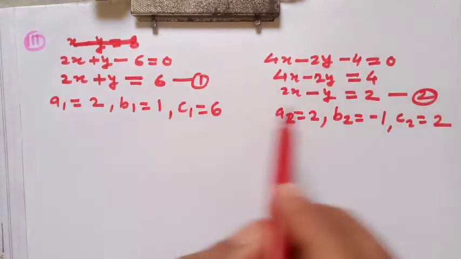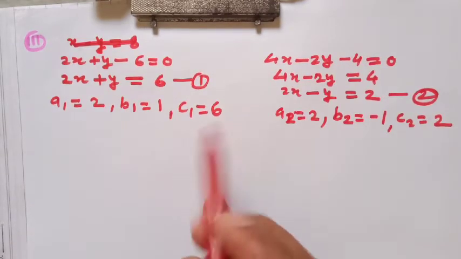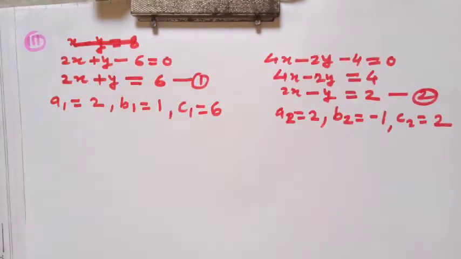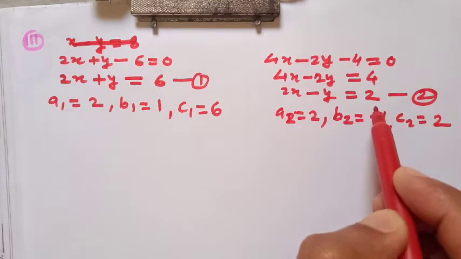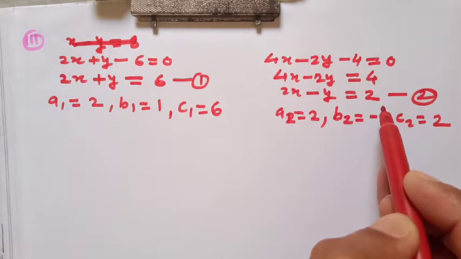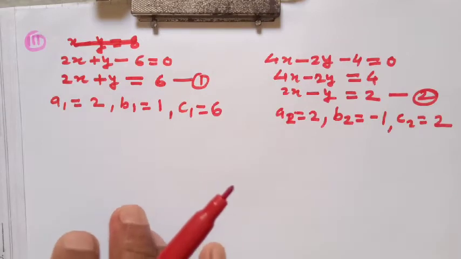If you take the constants in both equations in the same way, on the same side, it doesn't matter. Okay, if one is on the LHS side and in the second equation it is on the RHS side, then when you write the values of c1 and c2, there may definitely be mistakes.